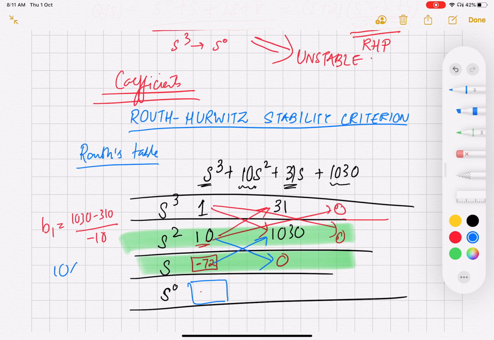So this will be 10 into 0 minus 1030 into minus 72, divided by minus 72, right? So that gives me minus 1030.